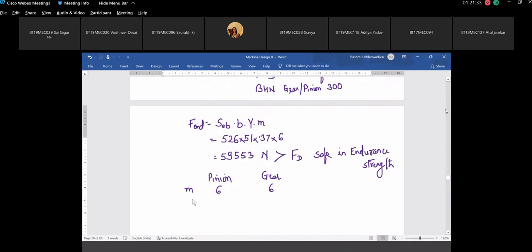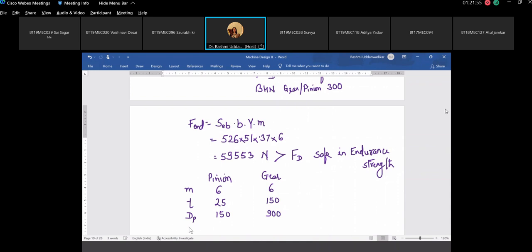You have to give the number of teeth, which is 25 and 150. You have to give the pitch circle diameter for both, 25 into 6 and 150 into 6, which is 900.